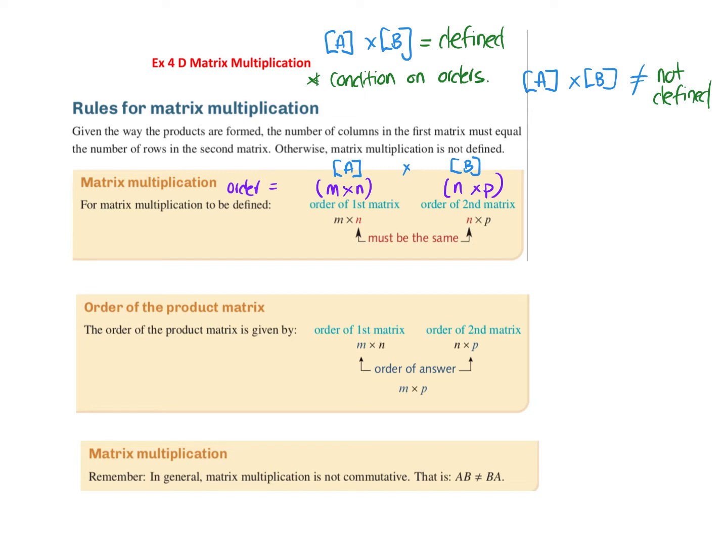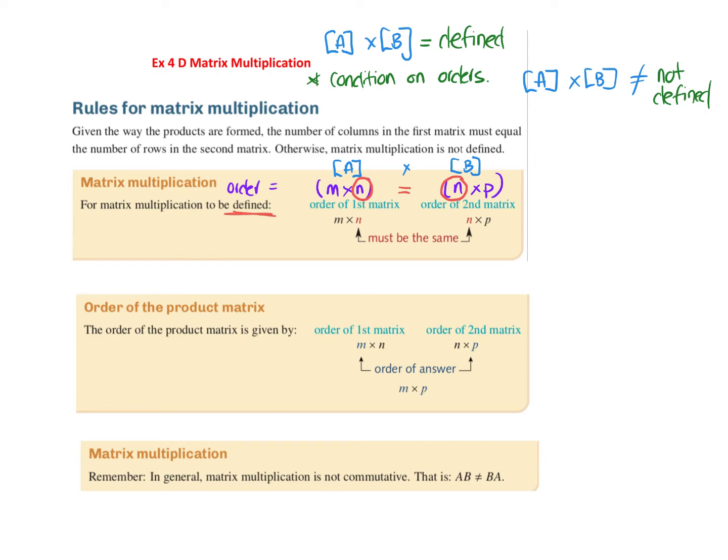So for you to be able to multiply two matrices, the first one's number of columns, that number there, has to equal the second one's number of rows. If they're the same number, we say that it's defined.